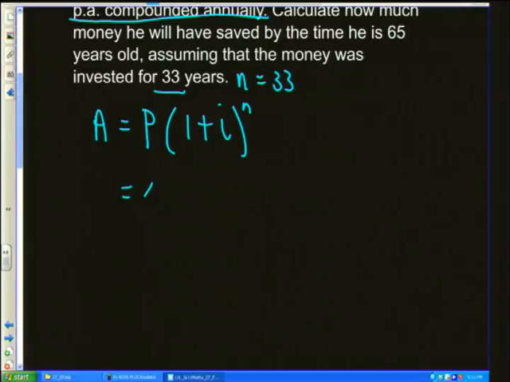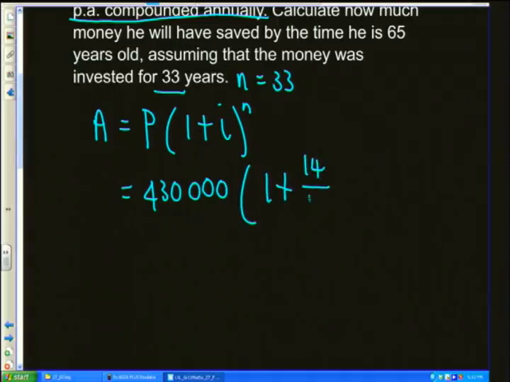So P was 430,000, and then I've got 1 plus my rate, which was 14% per annum, and then I would like to invest it for 33 years. So how much do I have at the end of that period?